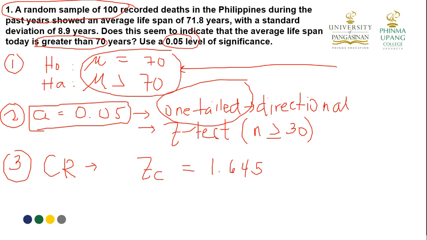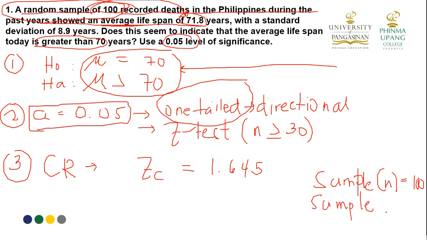And in the problem, a random sample of 100 is in line with the average of 71.8. When the random sample of 100 is in line with the average that follows, the sample, which is your n of 100, also covers the 71.8, the average. So it becomes the sample X bar, 71.8. That is the technique. What if the random sample given is 70? Then put 70. But it is already in the HA, so you have already identified the population mean, which is 70. That's the technique.